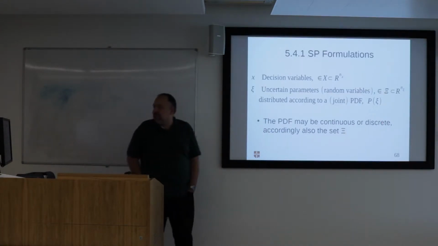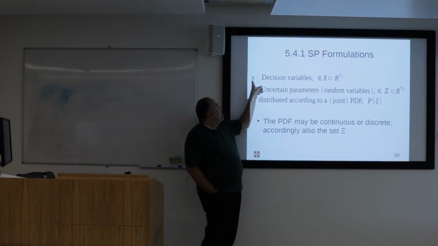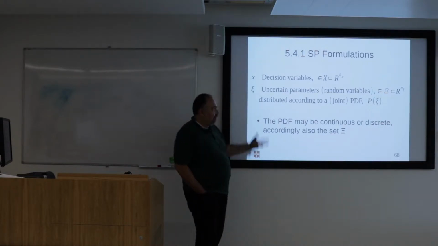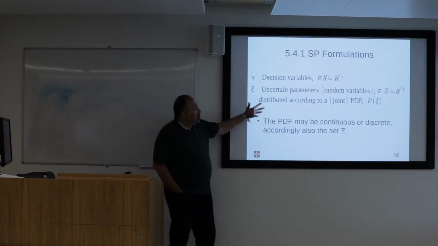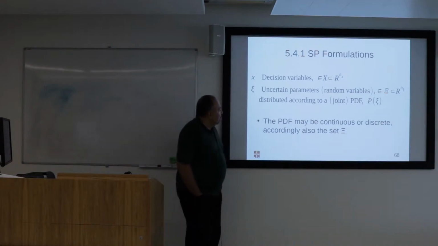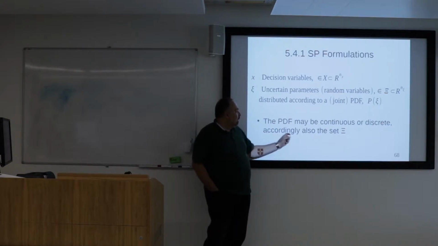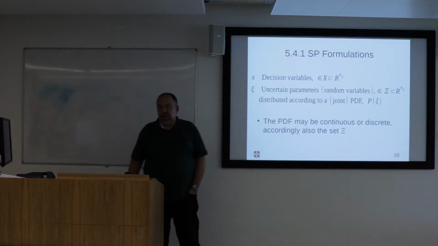So let's look at some stochastic programming formulations. You have, as usual, your decision variables x, n in number, and you may have your uncertain parameters, which are random variables xi, distributed according to a joint probability density function. The PDF may be continuous or discrete, and accordingly also the big set Xi to which the random variables belong.